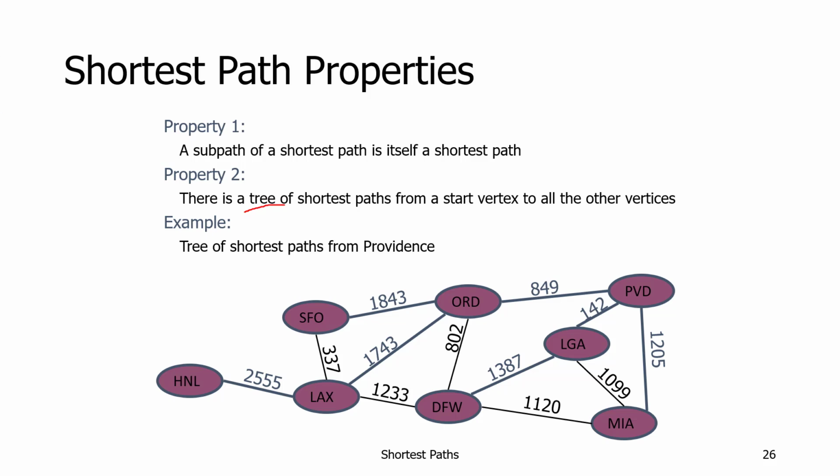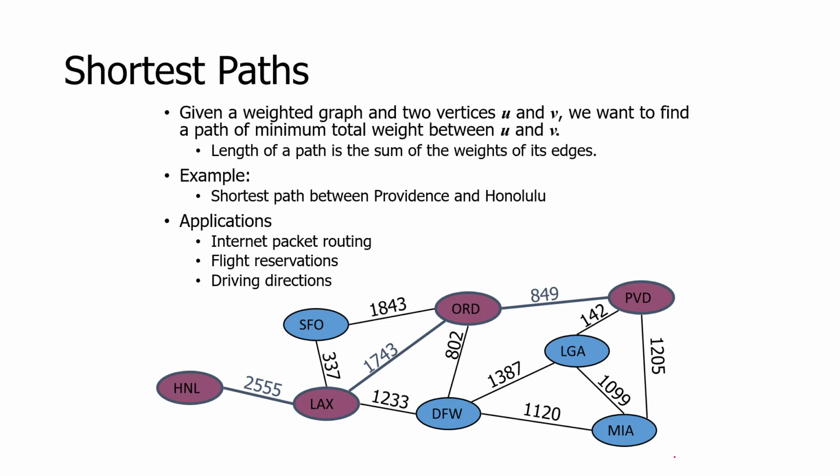So that is the assumption. Another thing is these three properties. Whenever we are calculating a shortest path, let's say we have a shortest path which can take us from Honolulu to Providence, and we follow this particular path from Honolulu to Orlando. Then this path from Honolulu to Orlando is the shortest path which can take us from Honolulu to Orlando.